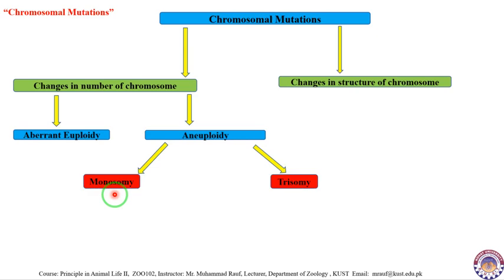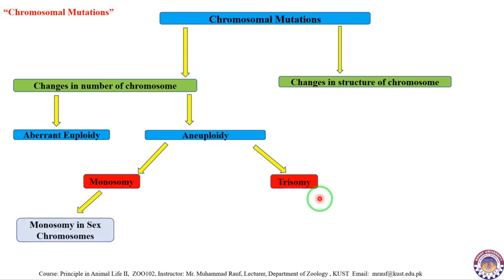You can describe monosomy as 2n minus 1 condition and trisomy as 2n plus 1 condition. And of course disomy is normal. Now in monosomy one chromosome is missing, it is a 2n minus 1 situation, but that one missing chromosome can be a sex chromosome or it can be an autosome.